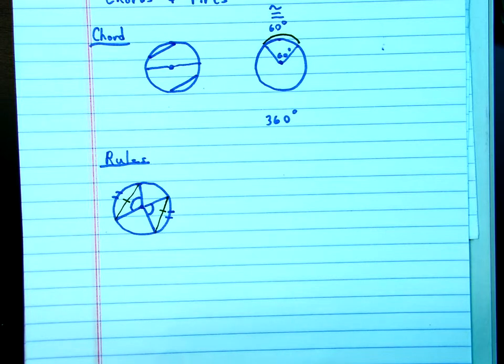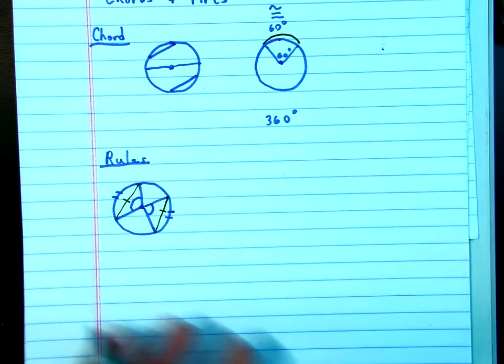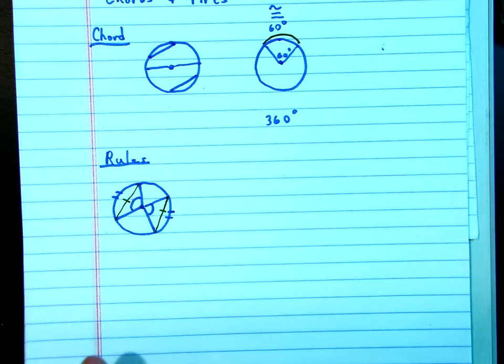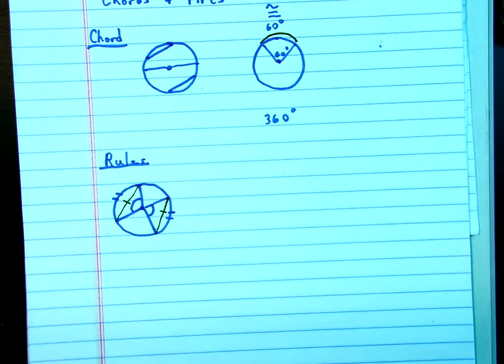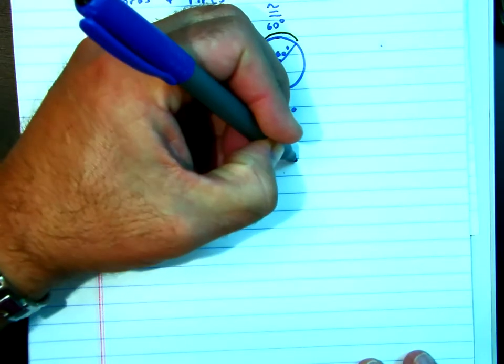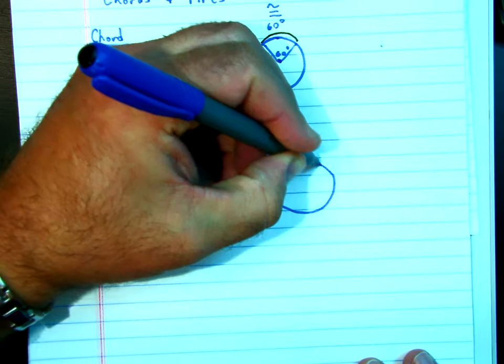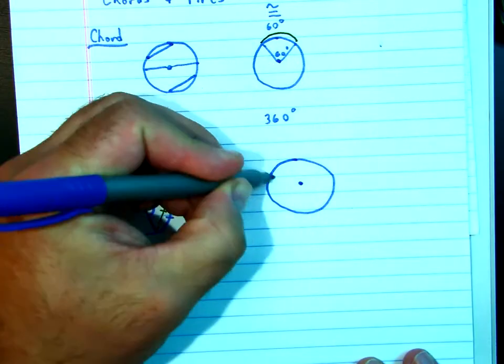All right. First concept. Real easy, not too complex, but it's understanding that if you say one is the same, then the other is the same, and so on and so forth. Okay? That's the first rule. The second rule deals with chords as well.